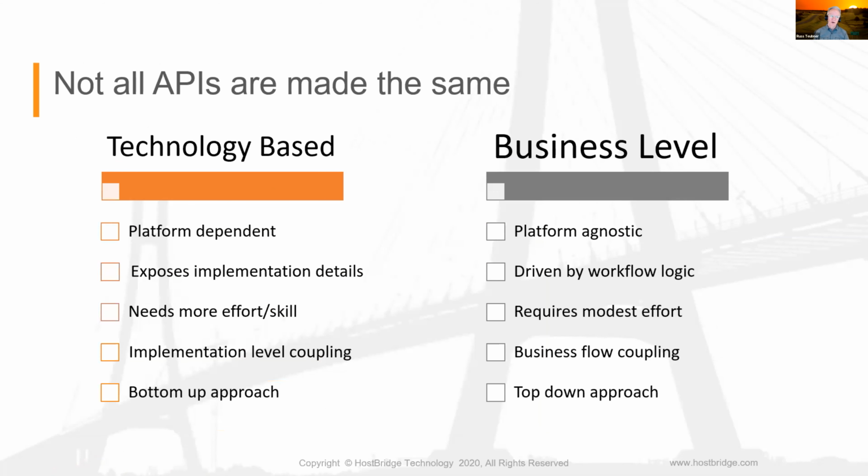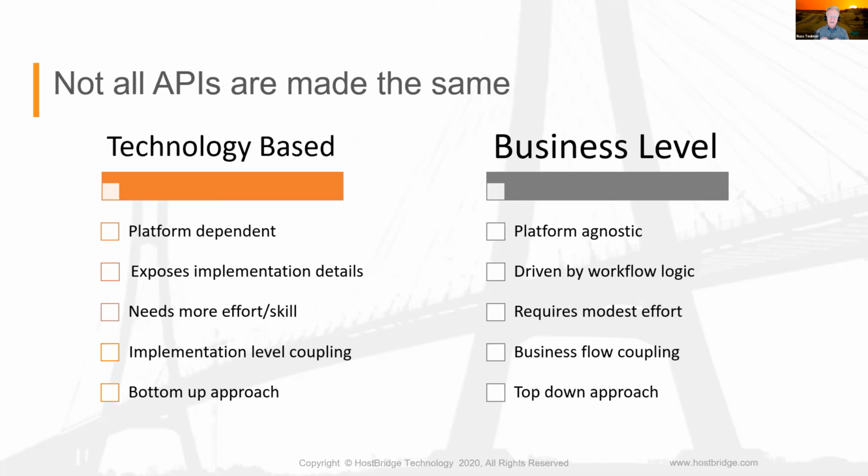Key to our approach is to differentiate between two styles of application programming interfaces. One is a very technology-based approach, where the API that we expose to the outside world from the mainframe has all sorts of details associated with it that are either directly tied or reminiscent of the underlying implementation.